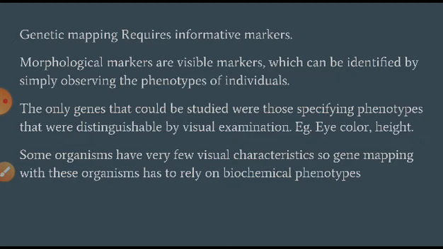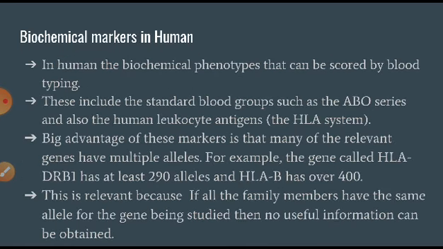This is also phenotypic, but biochemical phenotypic, where you are identifying some biochemical agents, some enzymes, some factors, and by that you are finding out the differences. So what are these biochemical markers in human? In human, the biochemical phenotype that can be scored by blood typings. These include the standard blood groups such as the ABO series and also the human leukocyte antigens, HLA system.